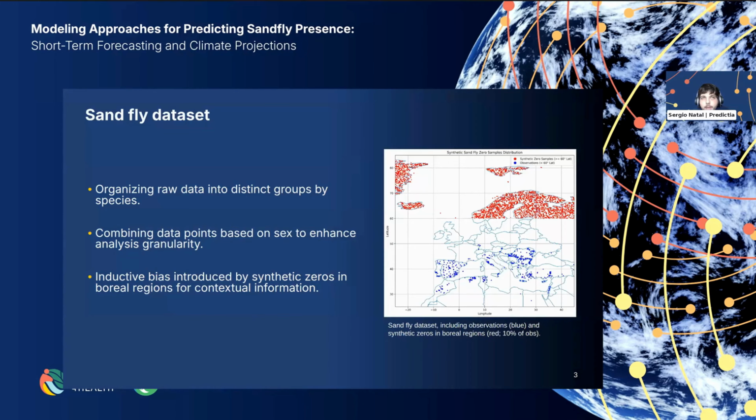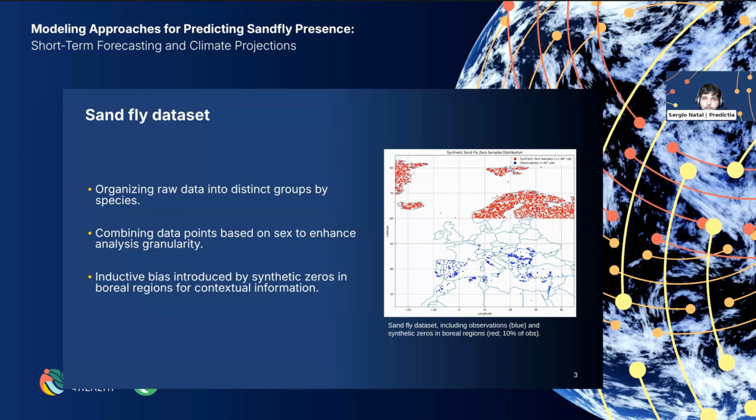So first of all, I'm going to talk about the data that we have been using to develop this kind of models. The first one will be our target dataset, or sandfly dataset. It is organized by species and carefully pre-processed. So we clean the data, harmonize species names, and combine information by sex to improve our data density.